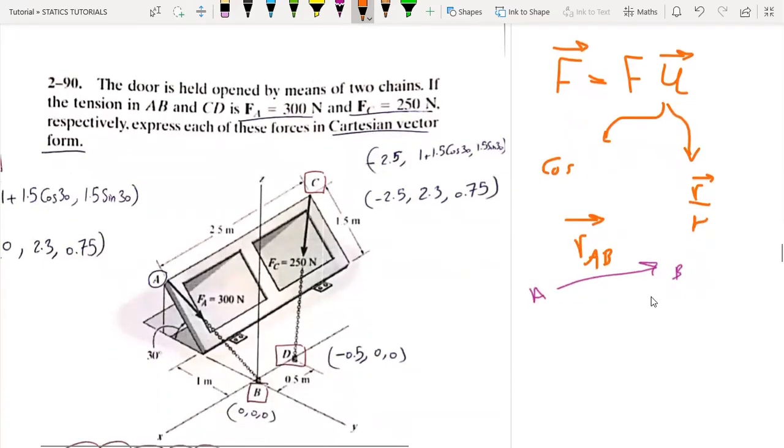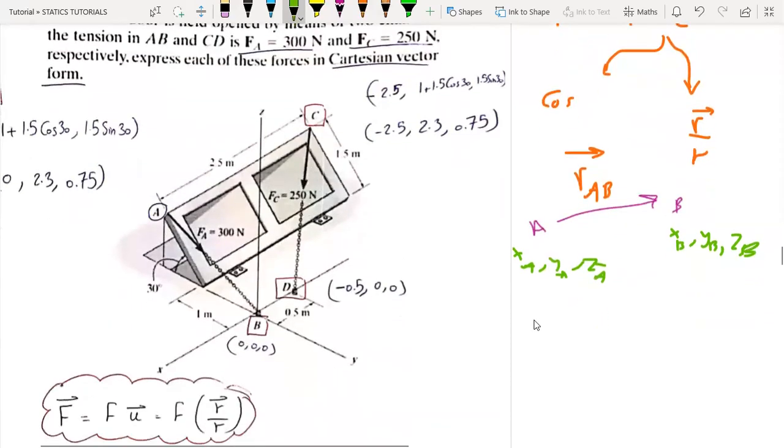First of all, we should find the coordinates xB, yB, and zB, and also xA, yA, and zA.